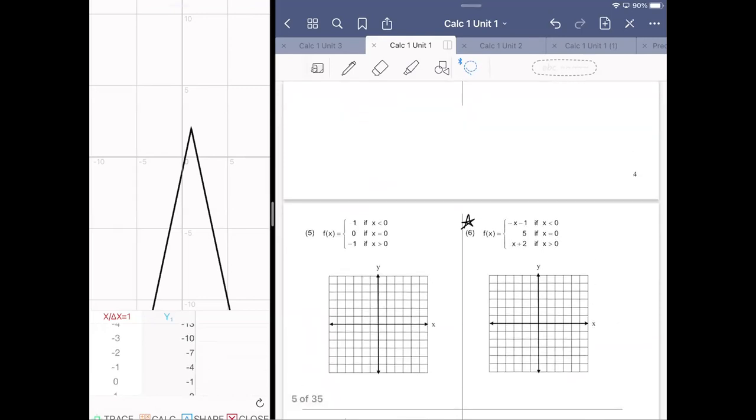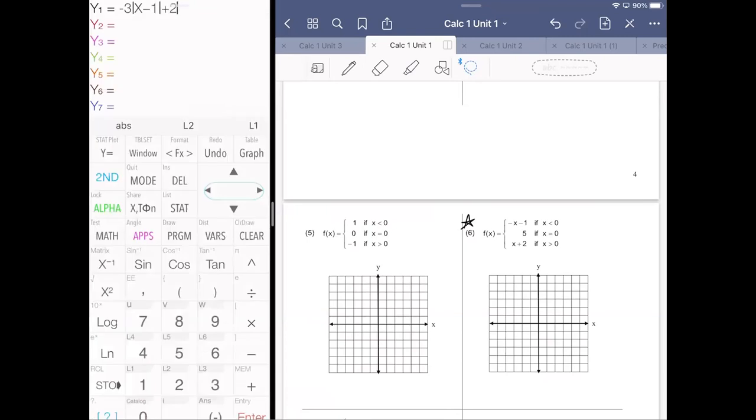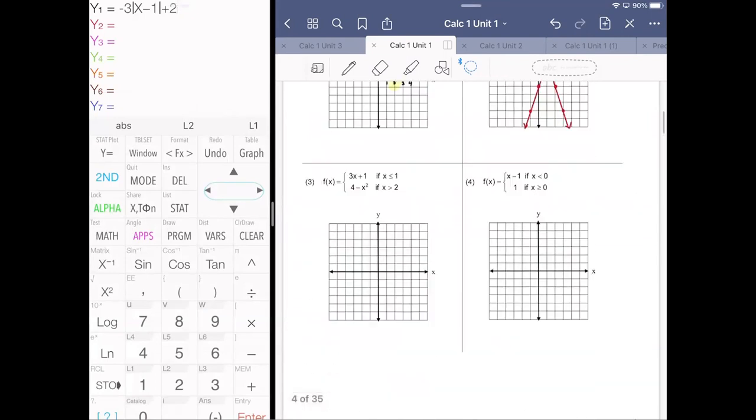So you typed in -3 absolute x minus 1, then you closed up the absolute, then the +2? Yeah.